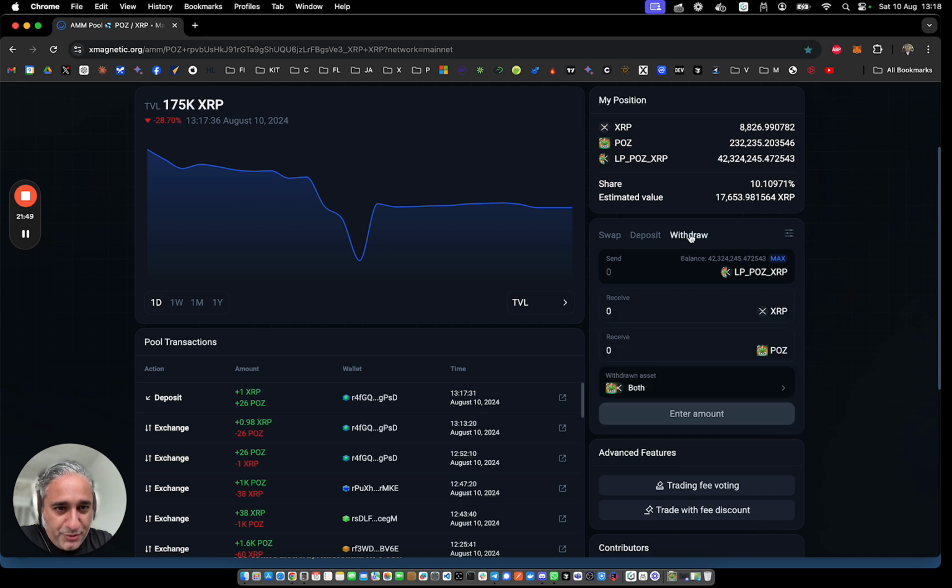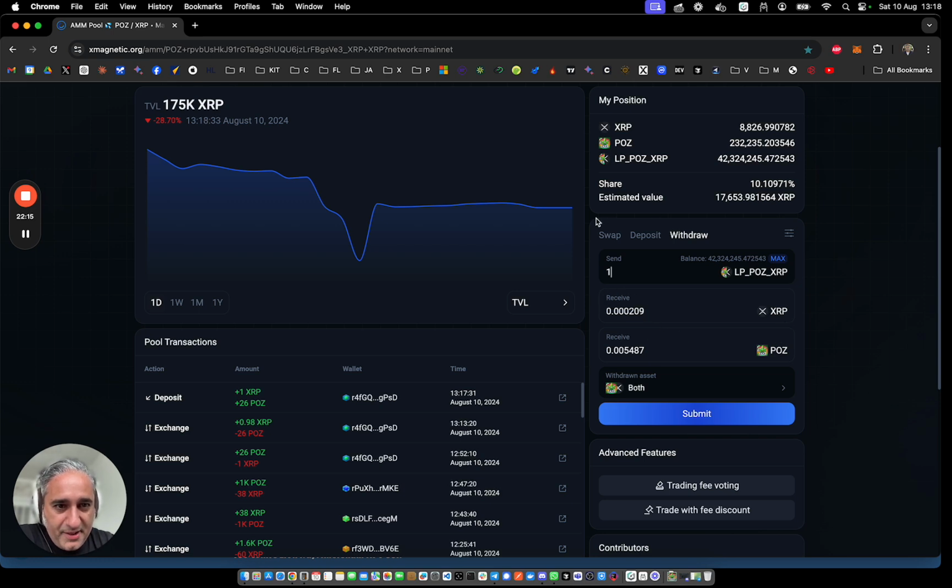You can also withdraw, and you can also do that single-sided as well as double-sided. Now, when you withdraw, you're essentially bringing those liquidity pool tokens, which are your claim on the value locked in that pool, and you can swap for both of those assets.